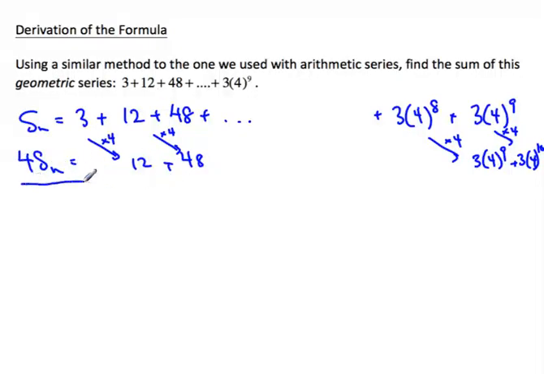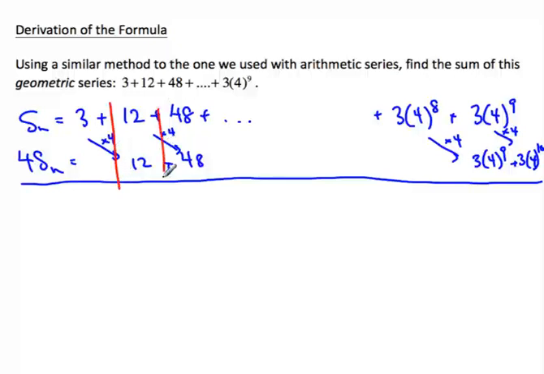And now, if I draw a line underneath, in the previous example we had columns, we're going to treat it like columns as well here. Notice that these are the same. There's some unpaired things. This 3 times 4 to the 10 over here and this 3 are unpaired, but everything else is paired.